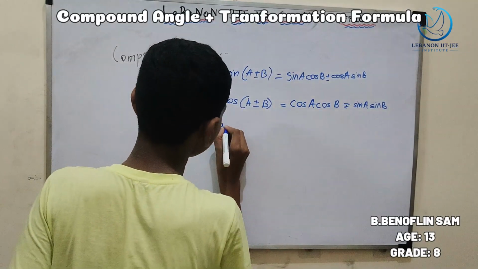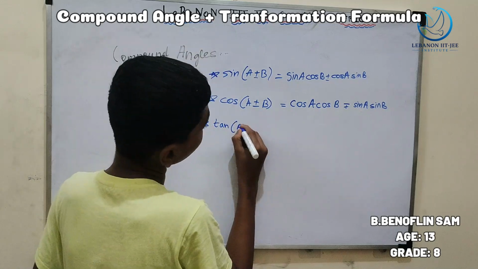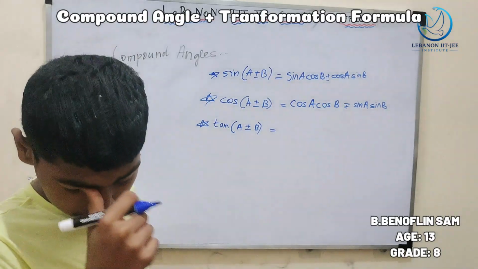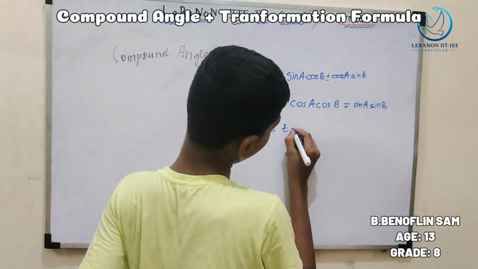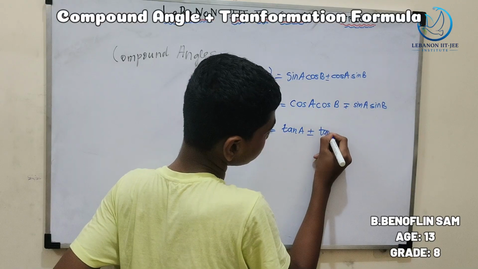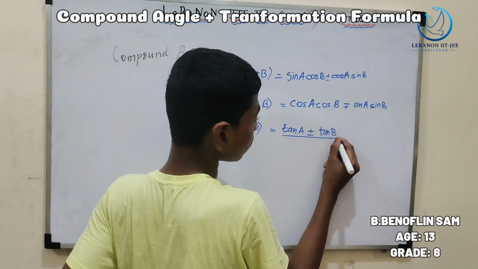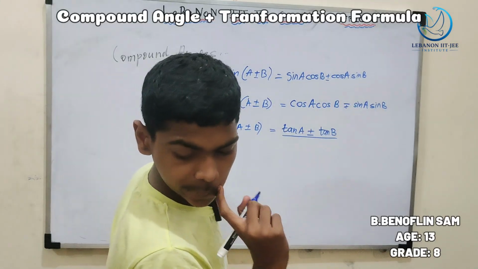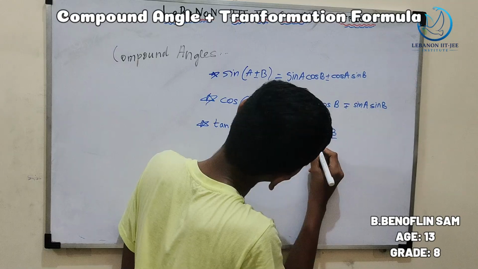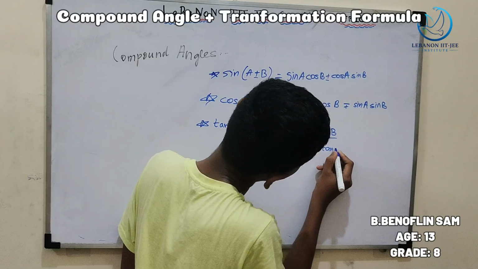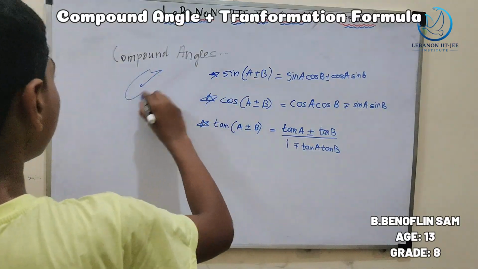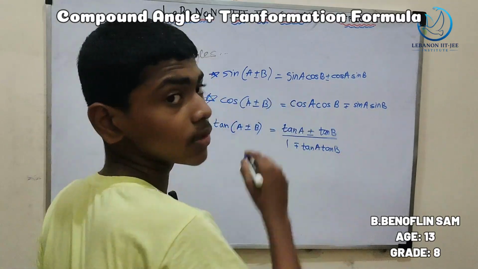We take tan also: tan A plus or minus B is equal to tan A plus or minus tan B by 1 minus or plus tan A into tan B. These are the main important things you have to know.